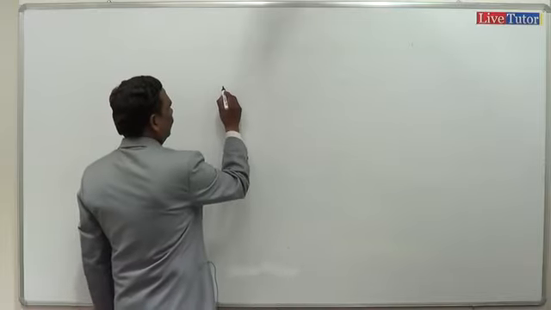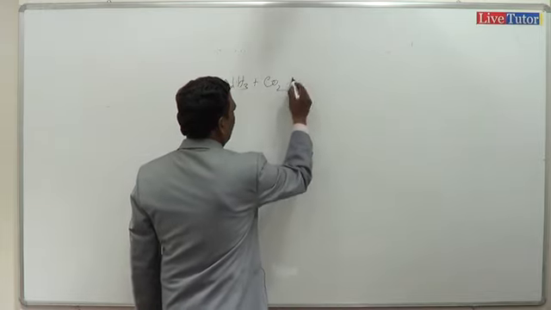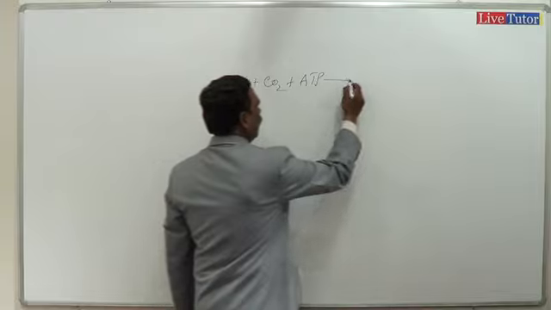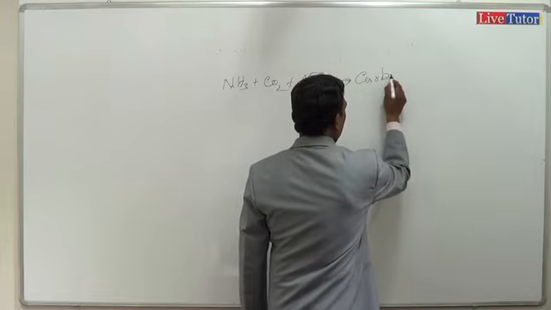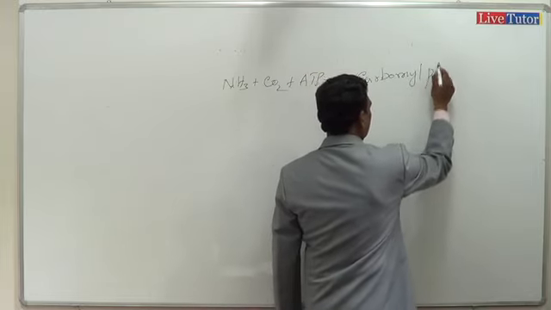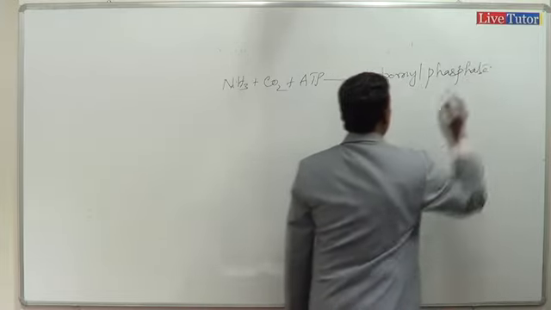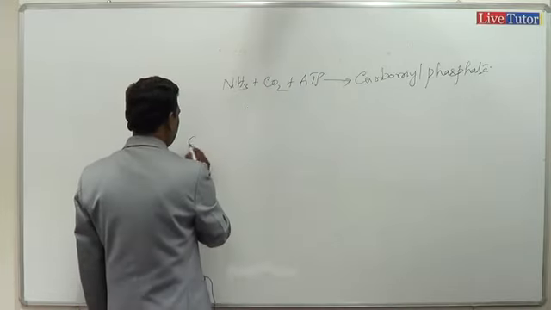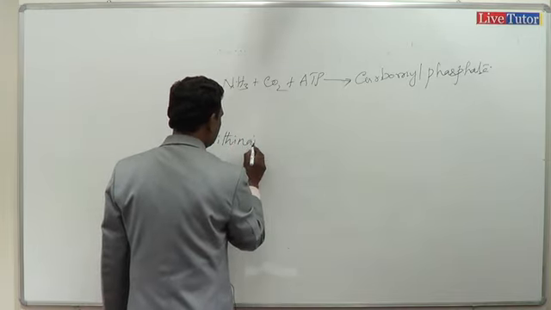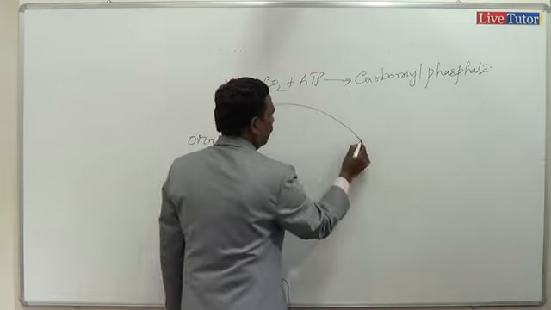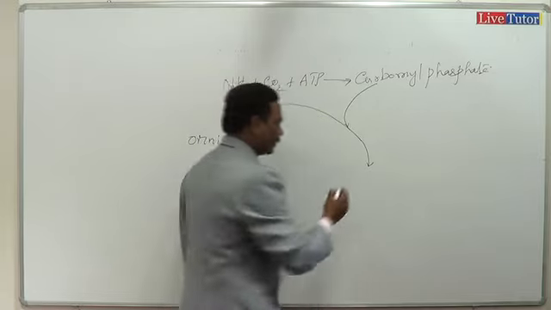Here, ammonia plus carbon dioxide plus ATP molecule to form one compound is called carbamyl phosphate. The carbamyl phosphate enter in the ornithine cycle. Ornithine react with the carbamyl phosphate and form citrulline.